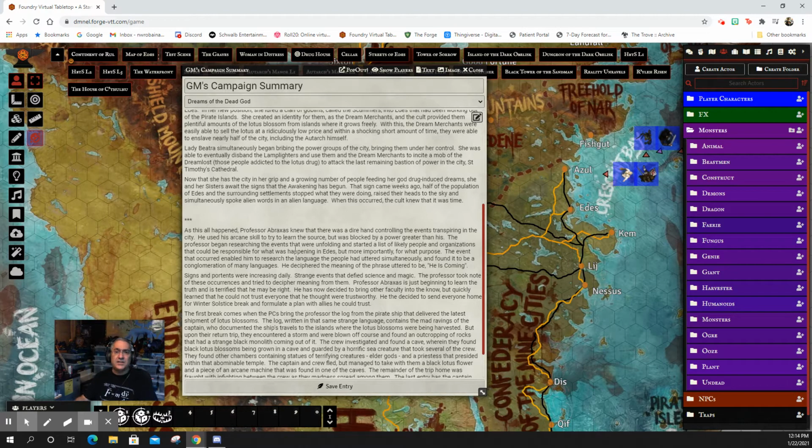And these are basically citizens of Eads that have come together to try to get the autarch to do something about the problem of the Dream Merchants and the Lamplighters not doing their jobs. And so the Awakened have been petitioning to try to get the autarch to show himself, to explain why he's allowing all this stuff to happen. But of course, they've been put off by Lady Beatra. So that's a growing threat that Beatra is going to have to address.